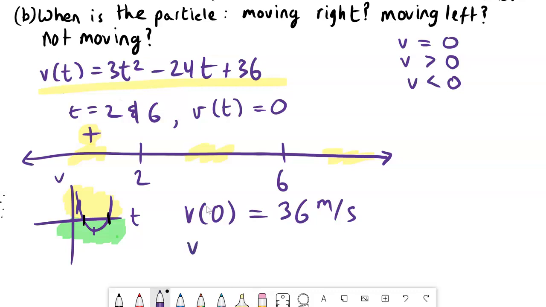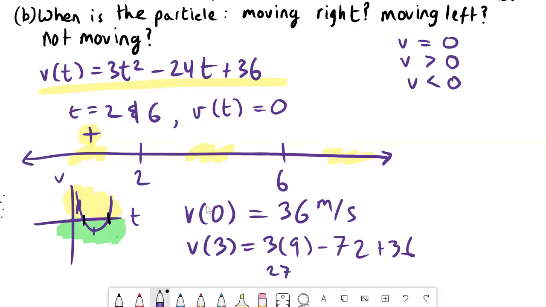So now, what about somewhere between 2 and 6? I want to take a value. Let's just do, what, 3? 3 might be good enough. 3 times 3 squared, which is 9. 9 minus 24 times 3, that is 72, plus 36. That is 27.